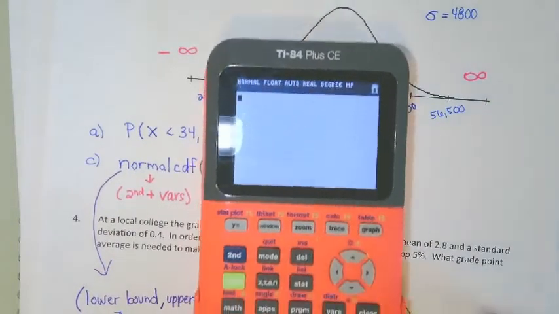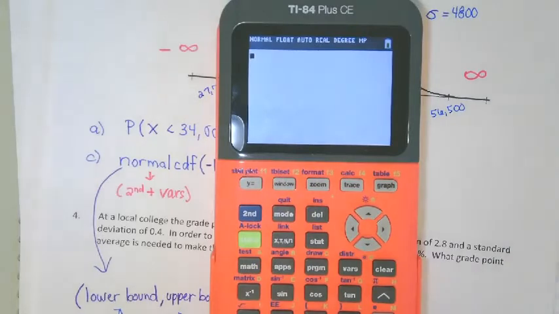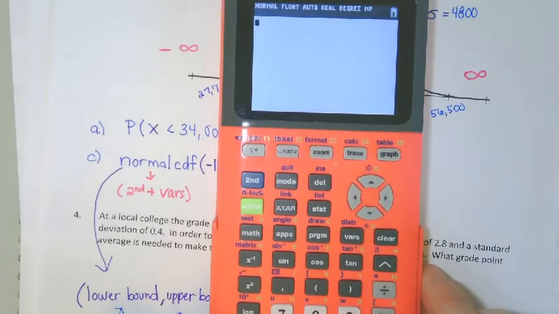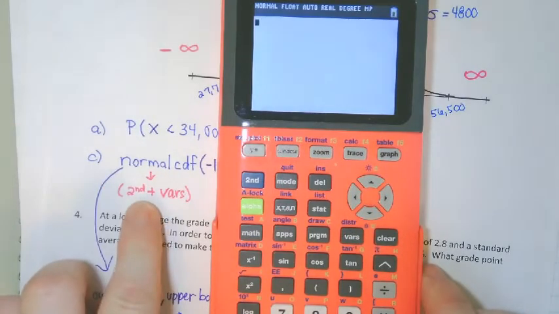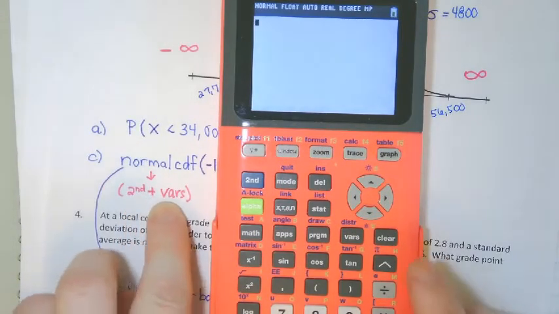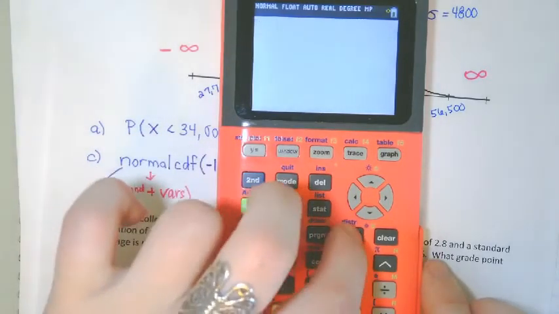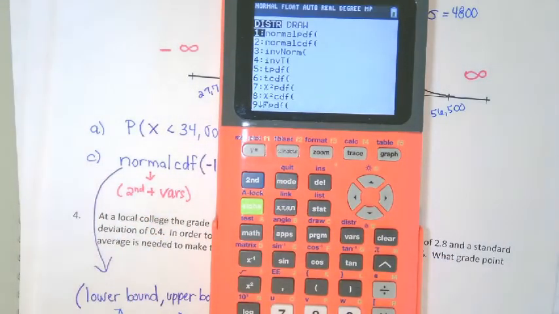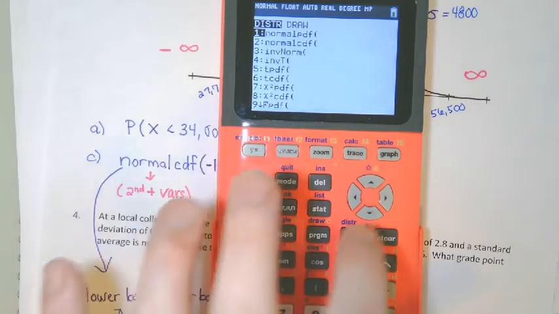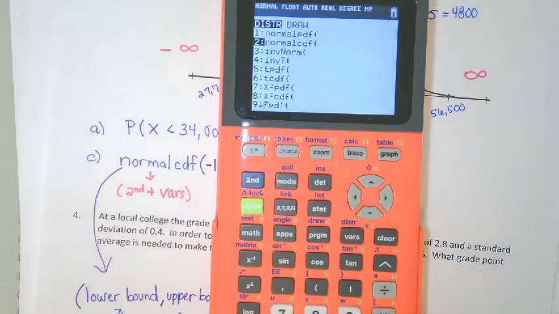So just to go over all that from start to beginning on the calculator, I'm going to start by hitting second vars. That brings up the list of distributions. I'm looking for the distribution titled normal CDF. So I will highlight that, hit enter.